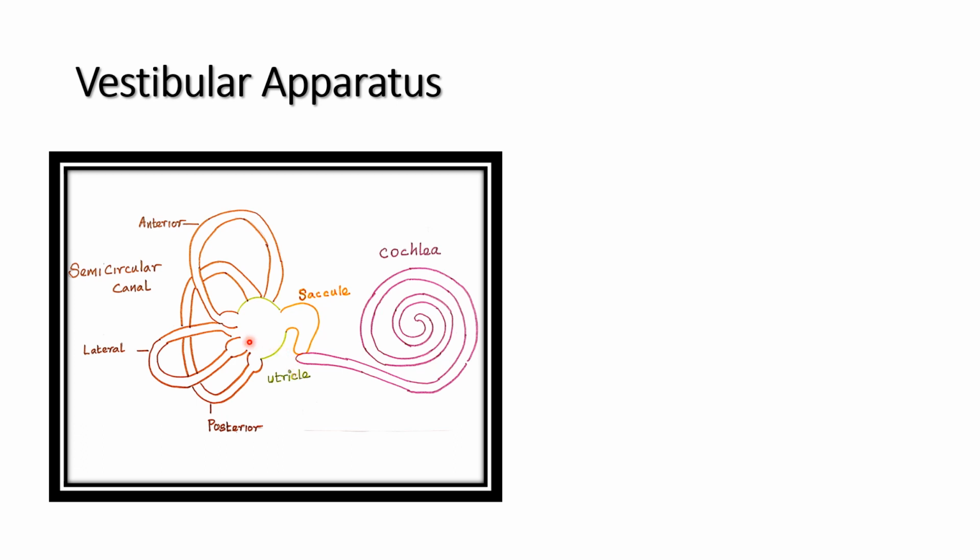The utricle and saccule are important for static equilibrium. When the person is not moving, they maintain the balance. And the semicircular canal is important for dynamic equilibrium. When the person is moving or rotating, in angular rotation, it maintains the balance of the body.